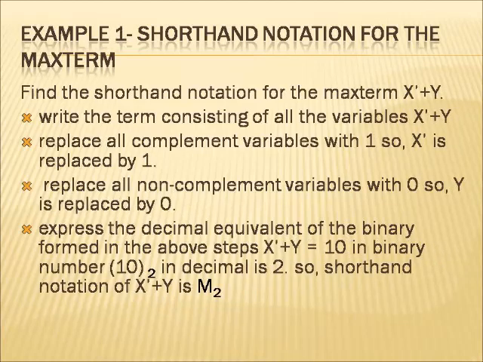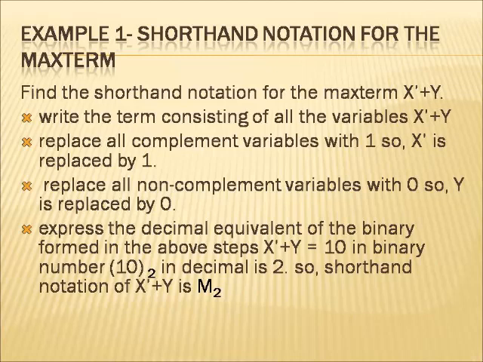So now we can see the shorthand notation for the max terms. So the given max term is x bar plus y. So in the case of a max term, we know that a variable in the normal form means the corresponding value is 0, and a variable in the complement form, the corresponding value is 1. So here we can replace all the complement variables with 1 and all the normal variables with 0.